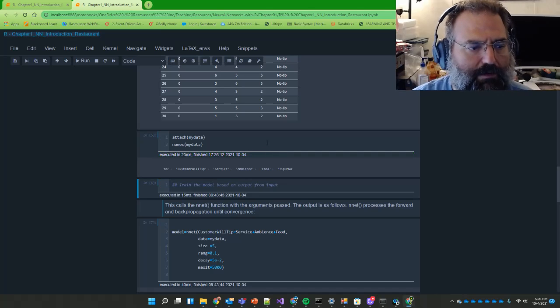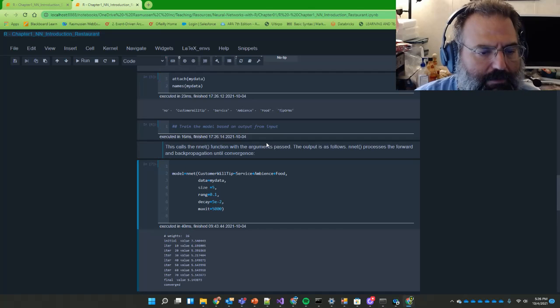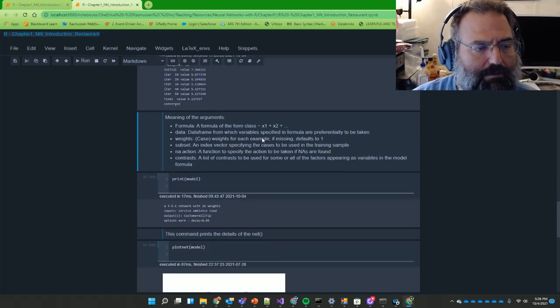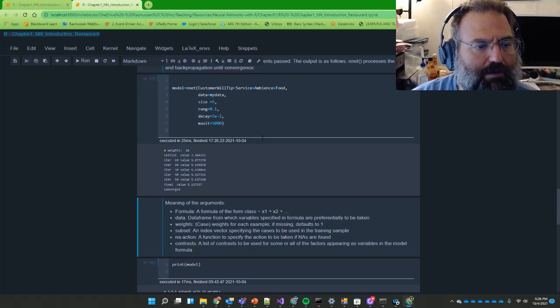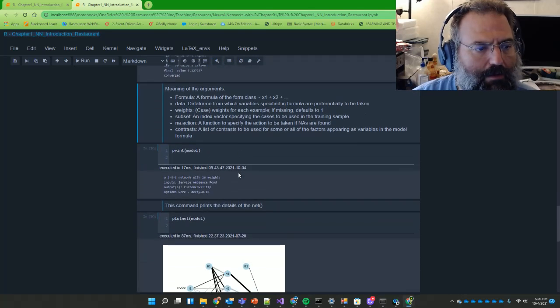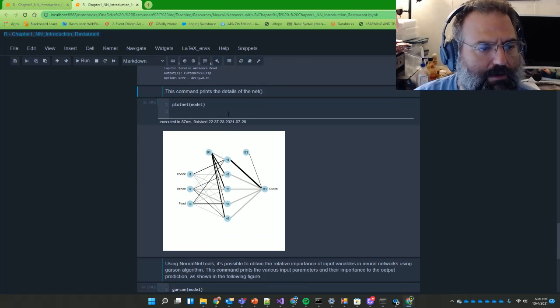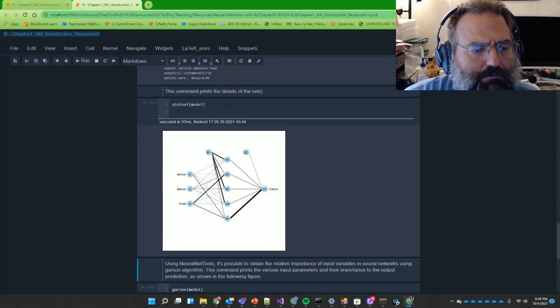So we can go ahead and attach it, and then create a model here that has, it looks like, basically 5 hidden nodes, and a certain amount of decay, and then we can run through and print the model out again and then actually plot it.